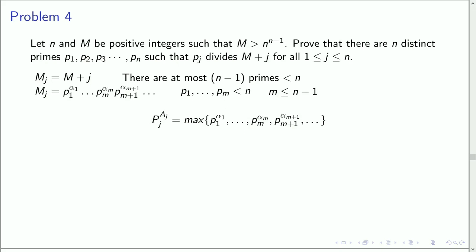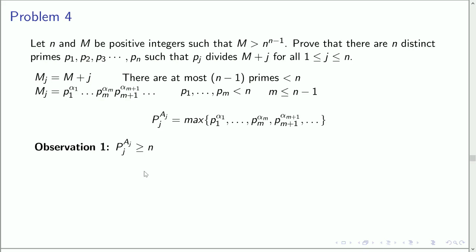Let pj to the power aj be the maximum of the prime powers of the decomposition of mj. What can you say about this number? There are two main observations. First is that this has to be greater than or equal to n.